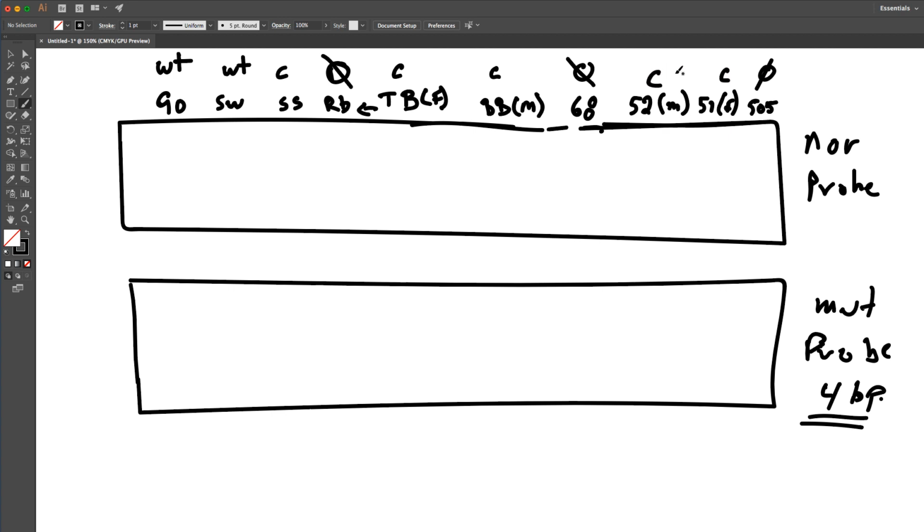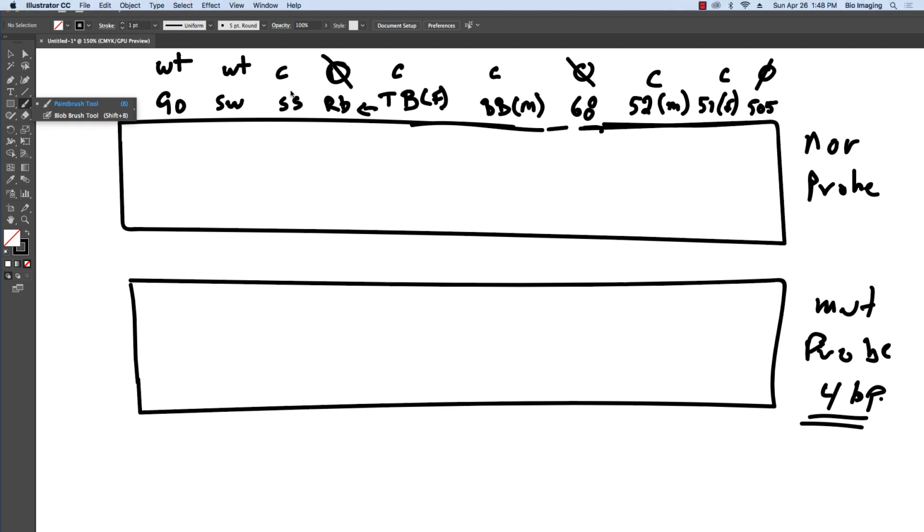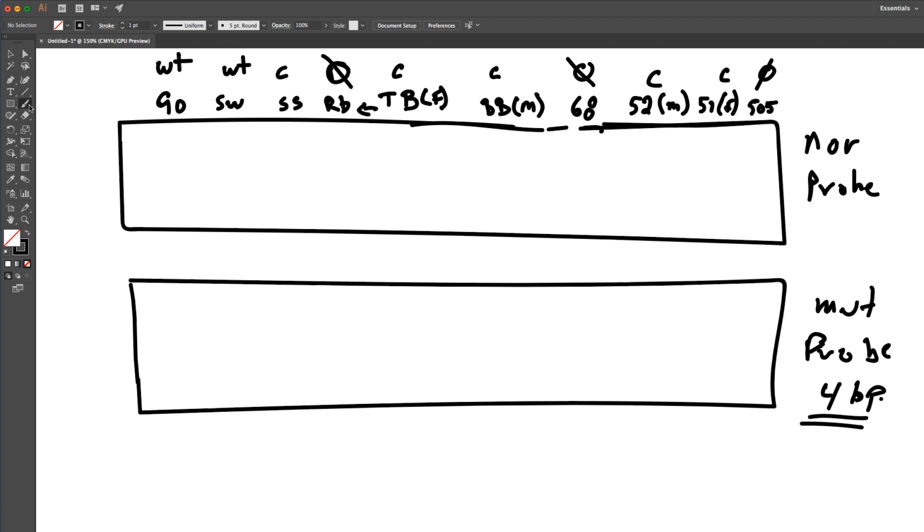Now, if we take a look at the dot plot in the paper, number 90 is a wild-type individual who is not of Jewish descent.